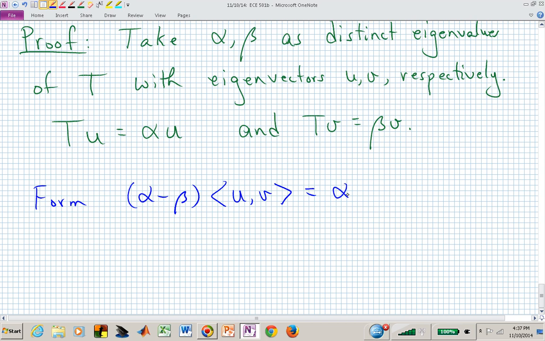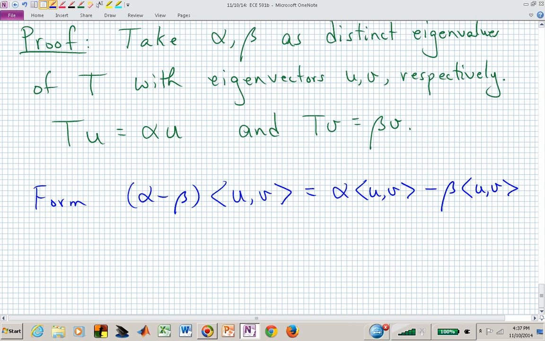But let's now distribute that alpha and the beta across this. So we have alpha times the inner product of u with v. Maybe you're getting impatient. You just say, oh, that's 0. This is now alpha times the inner product of u with v, minus beta times the inner product of u with v. Is that okay?